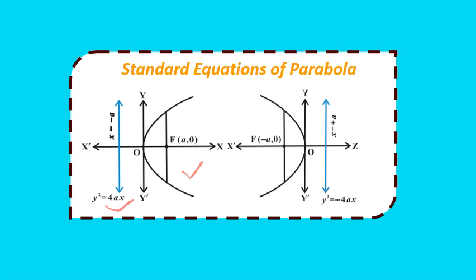Then the equation of the directrix will be x equals minus a. And if the parabola is symmetric about the negative x-axis like this one, then the equation of the parabola will be y square equals minus 4ax. Coordinate of the focus is (minus a, 0) and the equation of the directrix will be x equals a. Clear? So pause and note down these equations.